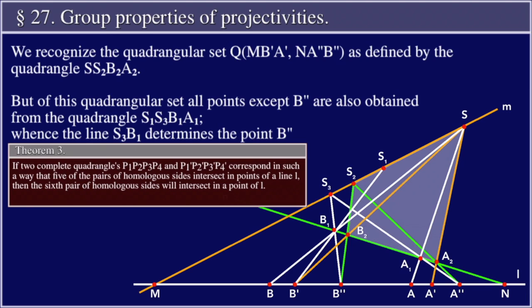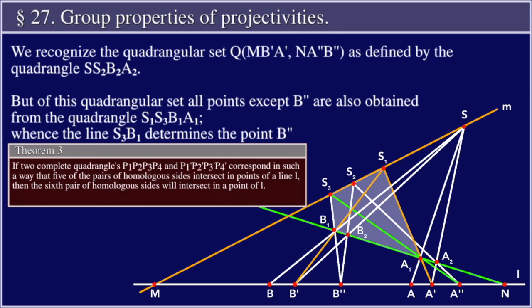But of this quadrangular set, all points except B double prime are also obtained from the quadrangle S1 S3 B1 A1, whence the line S3 B1 determines the point B double prime. Theorem 3 of Chapter 2.